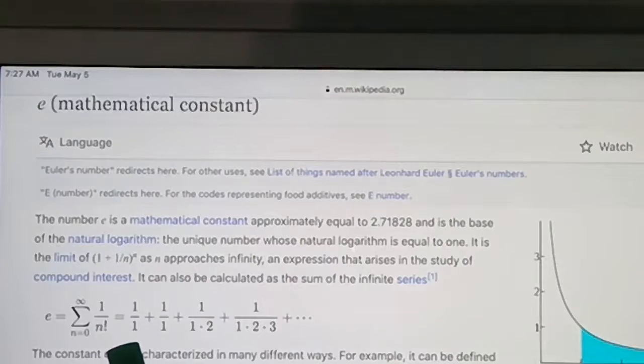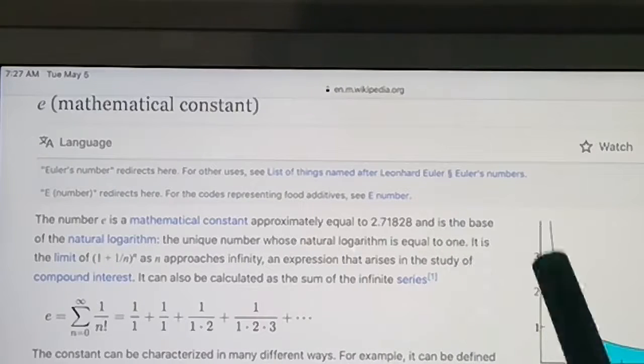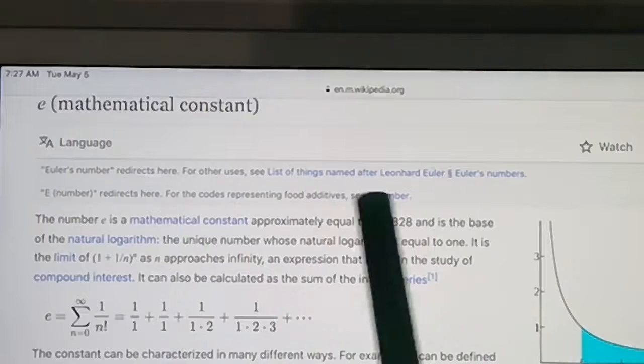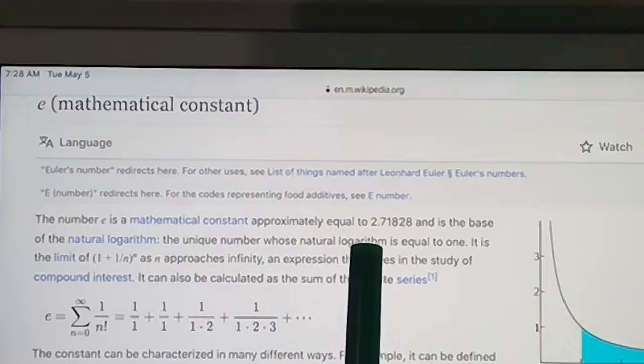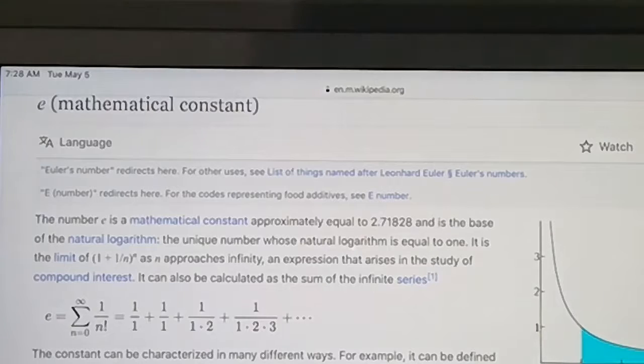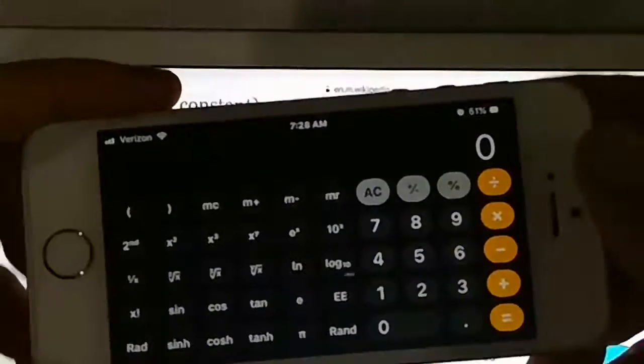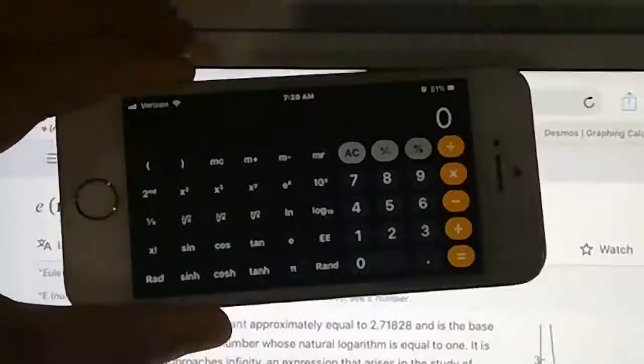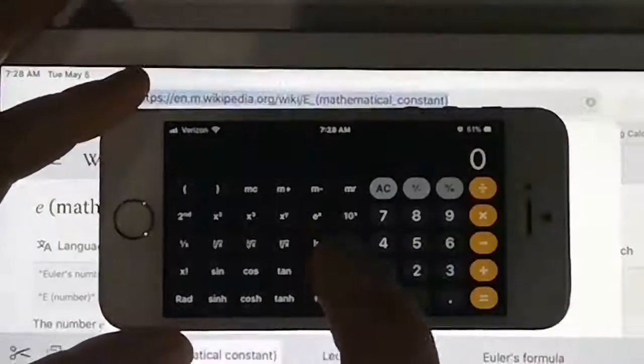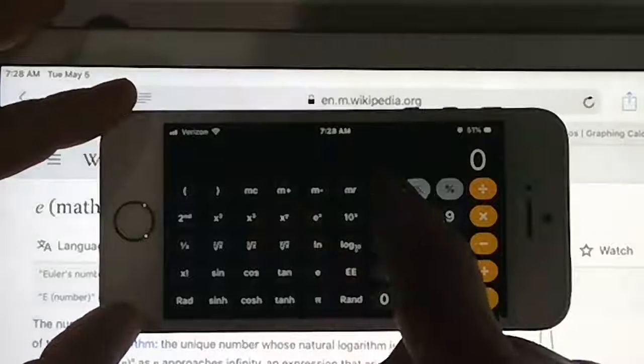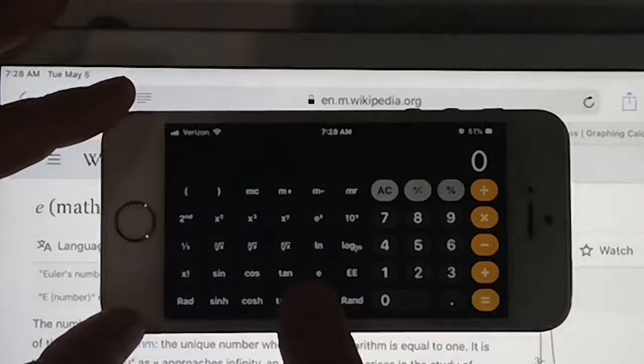And if you take the sum of this series right here, it turns out to be an approximate number, approximately equal to about 2.7. Now, if you have your cell phone and you're doing math with your cell phone, it's that number right there, it's e.